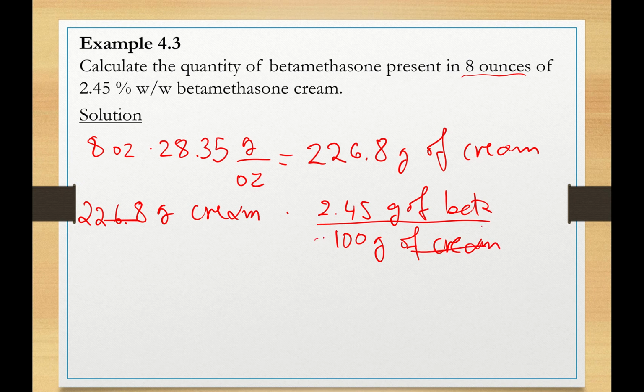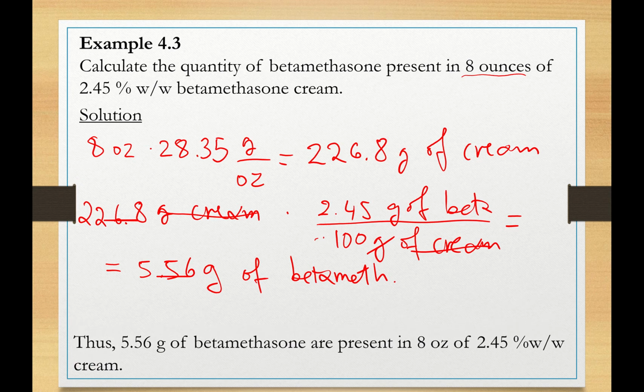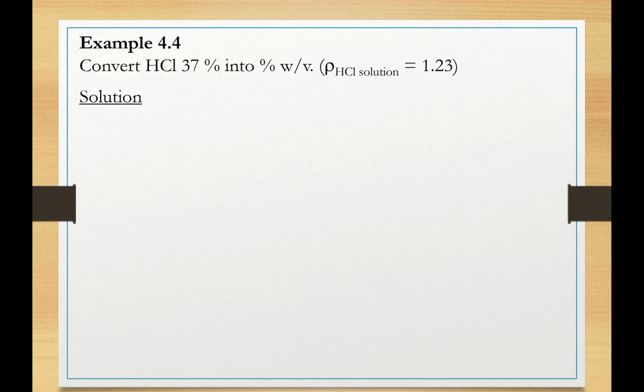So the cream and cream cancels out, the grams, and my answer here is 5.56 grams of drug, betamethasone. Okay, so this is what we have here. So again, you need to calculate the total quantity of cream and then multiply the grams of cream with the concentration of betamethasone in the cream, and that would be your answer.